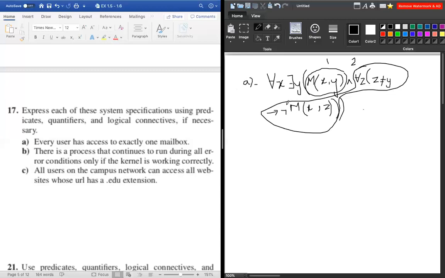If we read only this part, it means that X has access to mailbox Z. We don't want X to have access to mailbox Z. Therefore, we put the negation. So here we are saying that X does not have access to mailbox Z, and Z is not Y. So therefore it is exactly one person.